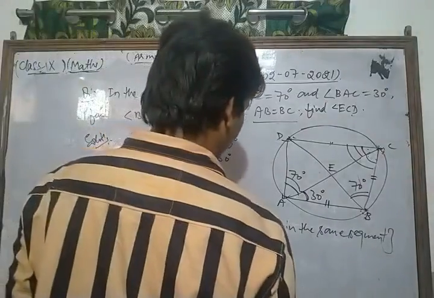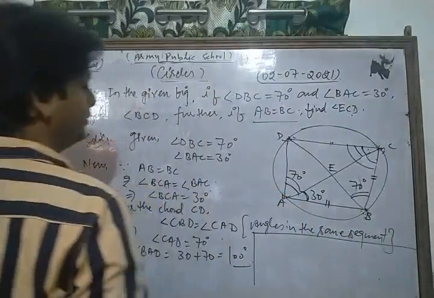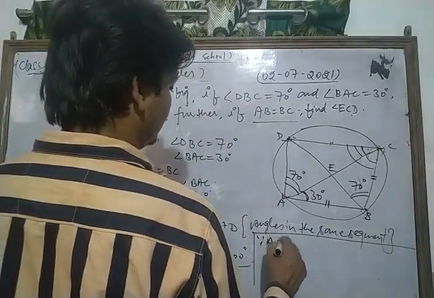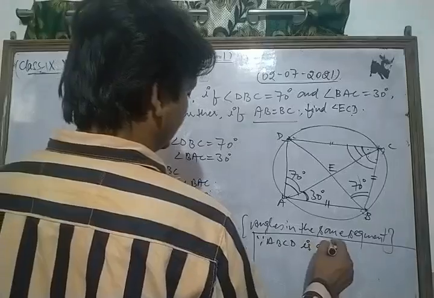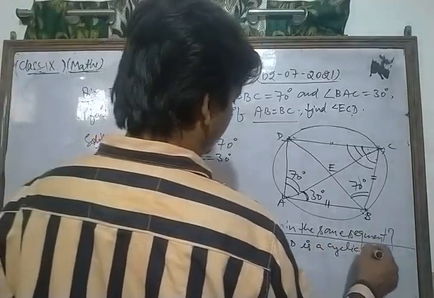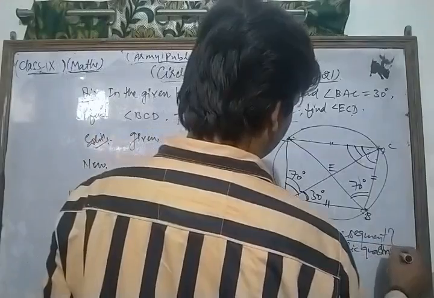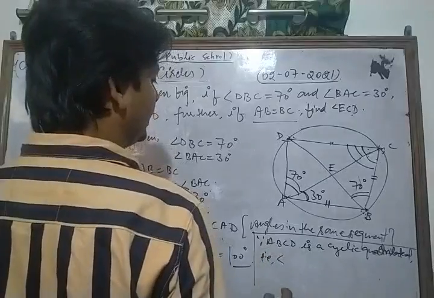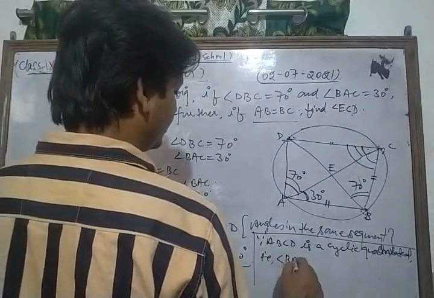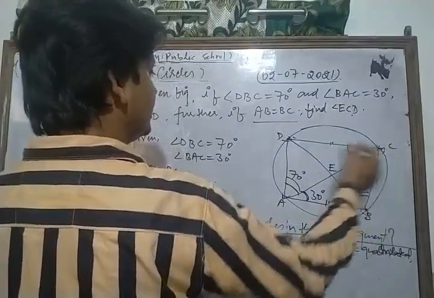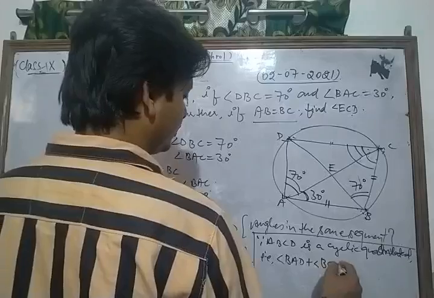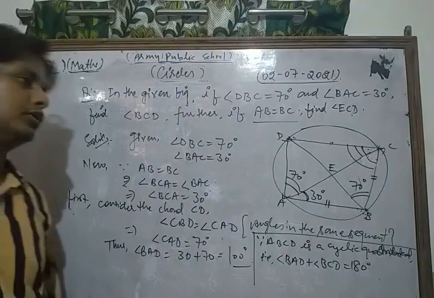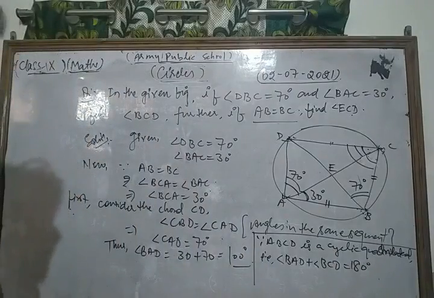Thus, since ABCD is a cyclic quadrilateral, angle BAD plus angle BCD is equal to 180 degrees, because in a cyclic quadrilateral the sum of opposite angles is 180.